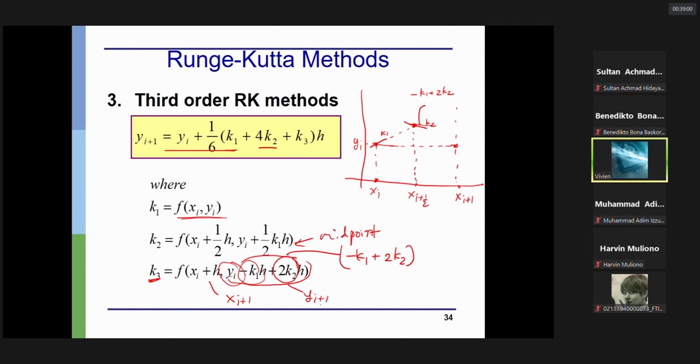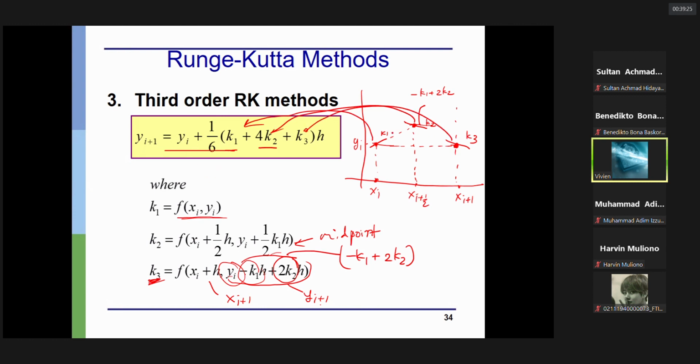So this will be the predicted value for calculating k3. So once we have this point, which is yi plus 1 based on this slope, we can calculate the final slope at k3. So once we have k1, k2, and k3, we can insert them in the equation. So that will be the final result.